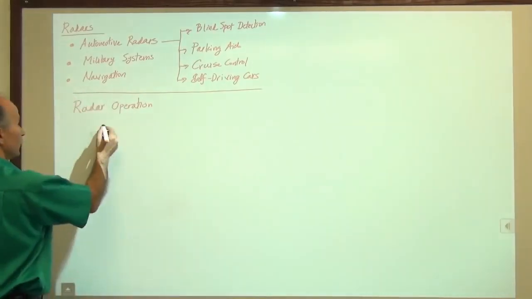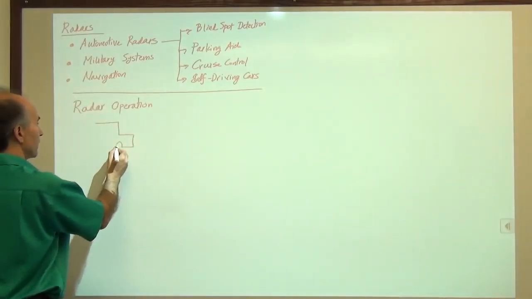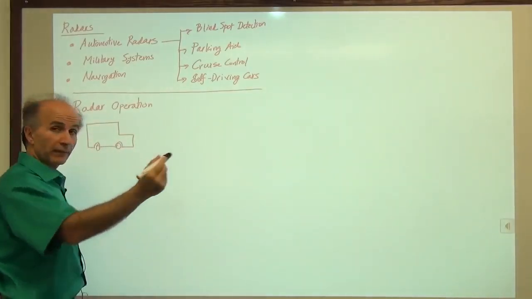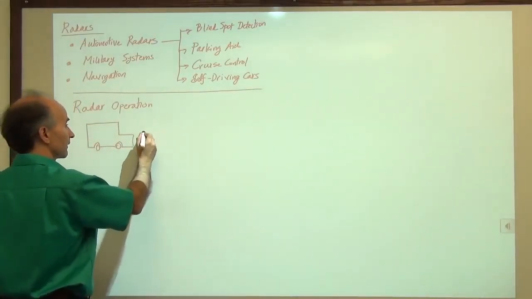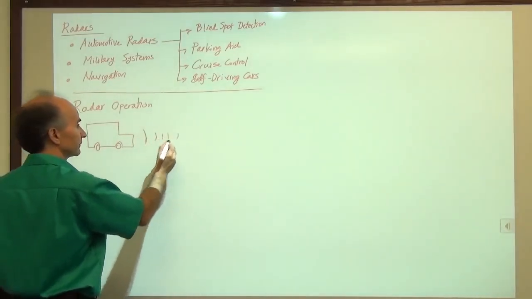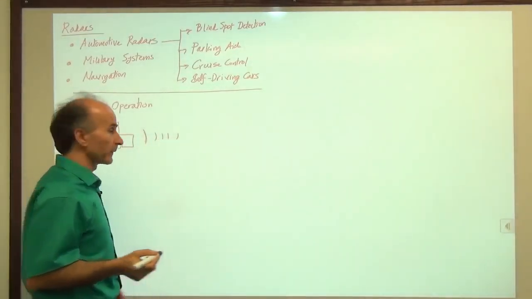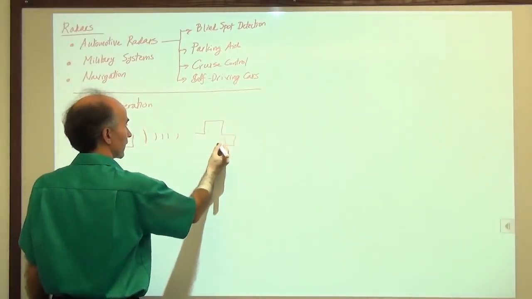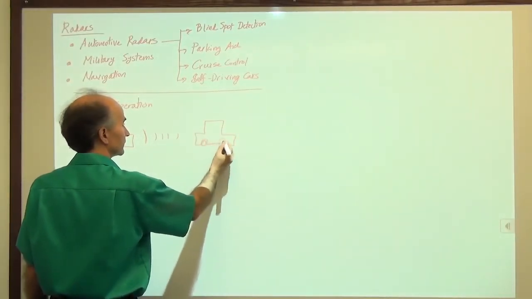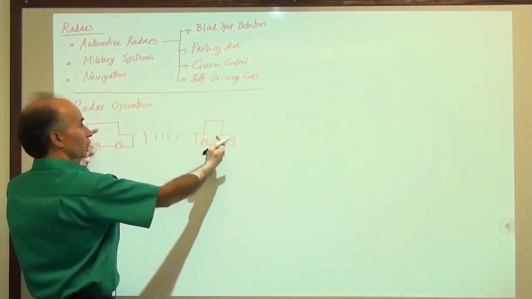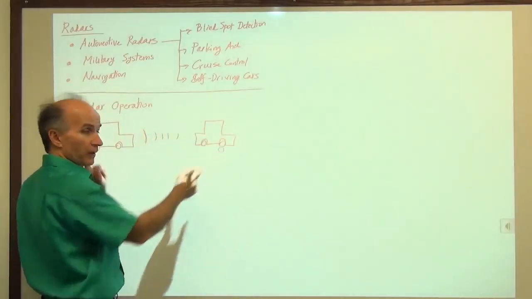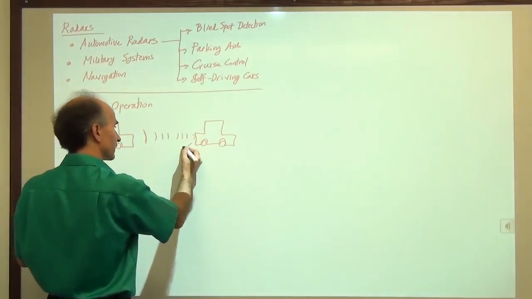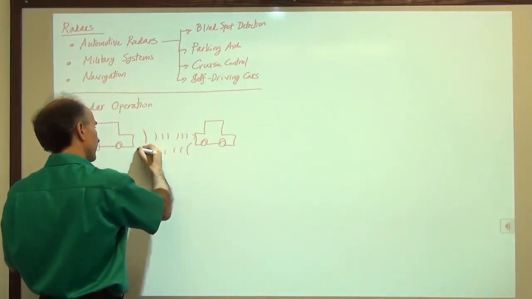So imagine that you have your vehicle. Here's a vehicle, and you send a wave out, an electromagnetic wave, and this hits another vehicle. So here's another vehicle that's right in front of you. Now, you might be going towards each other, or you might be going away from each other. In any case, this wave hits this car, and then it's reflected. So it comes back and is received by you.